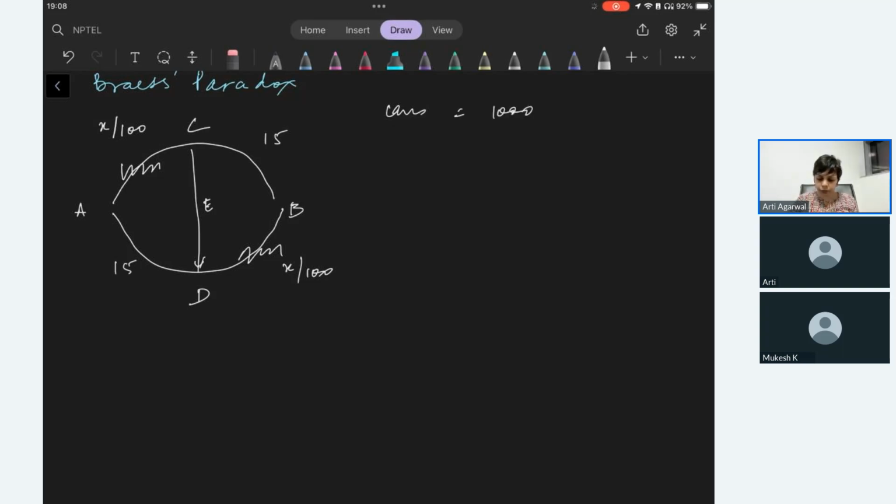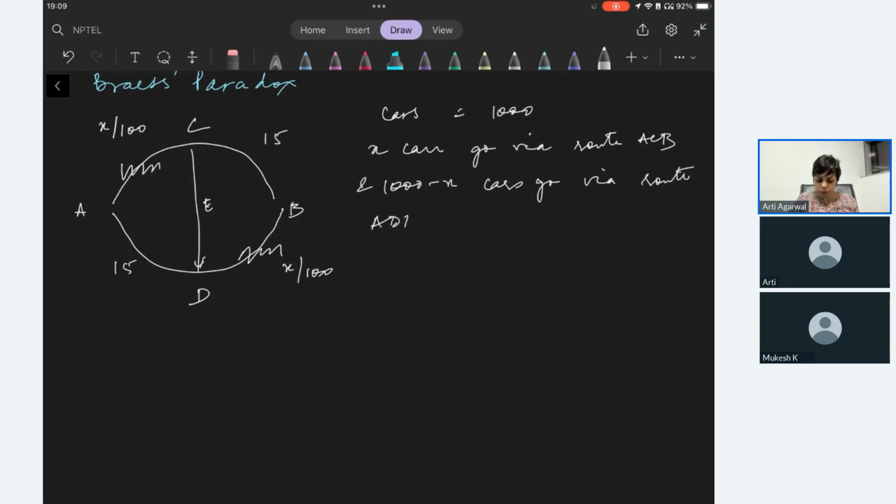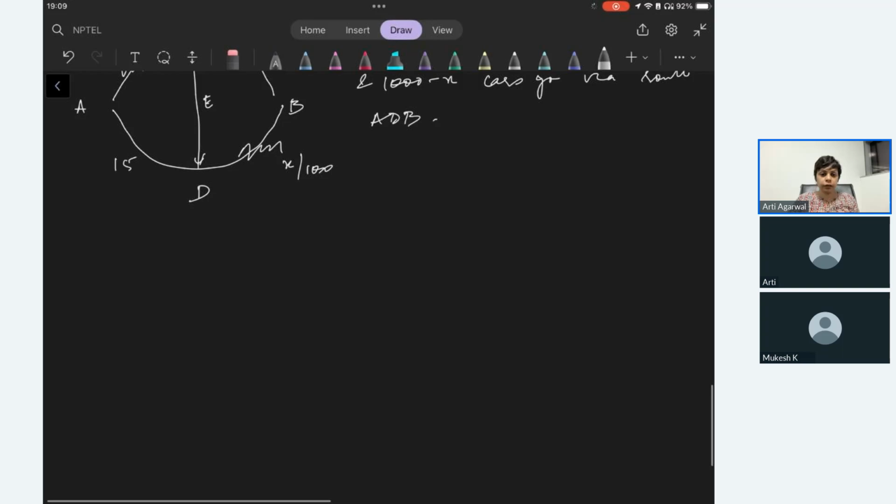So let's assume that X cars are going in route C, and 1000 minus X cars go via ADB. Now we know that the travel time is the same.